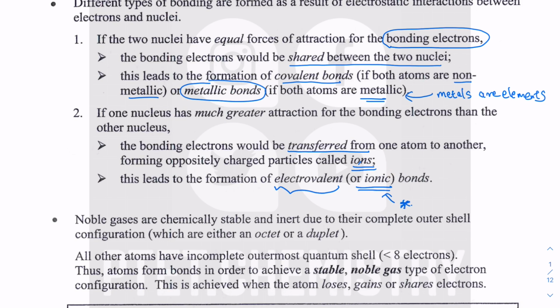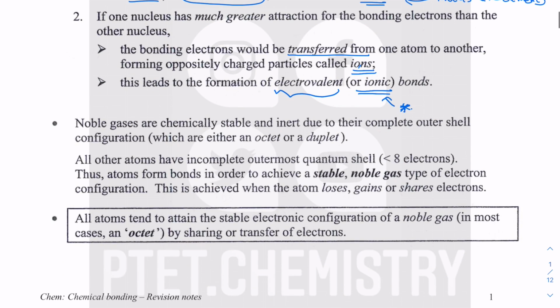Because a lot of books, a lot of past papers, a lot of teachers and students, this would be the conventional term to use, although it has the same meaning. Alright, so in the previous topic, when we did atomic structure, we talked about noble gases having an electronic configuration that has a fully filled outer shell, and that is stated in the syllabus exactly under atomic structure.